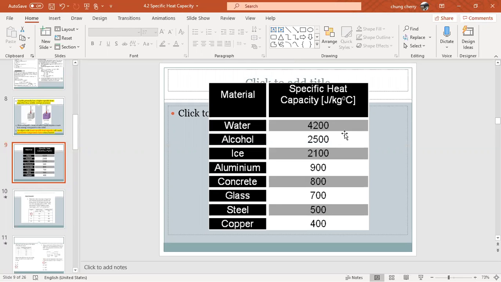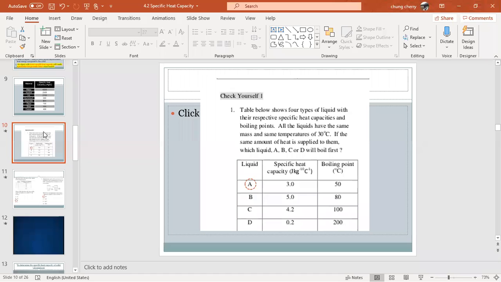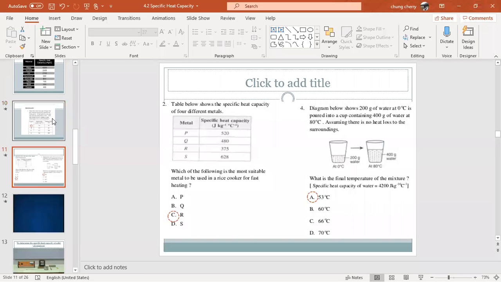So it will heat up slower. But if you refer to aluminium and copper, which are solid, they need lesser heat as compared to liquid. So solid will have a smaller specific heat capacity. I think this one you can refer to yourself.